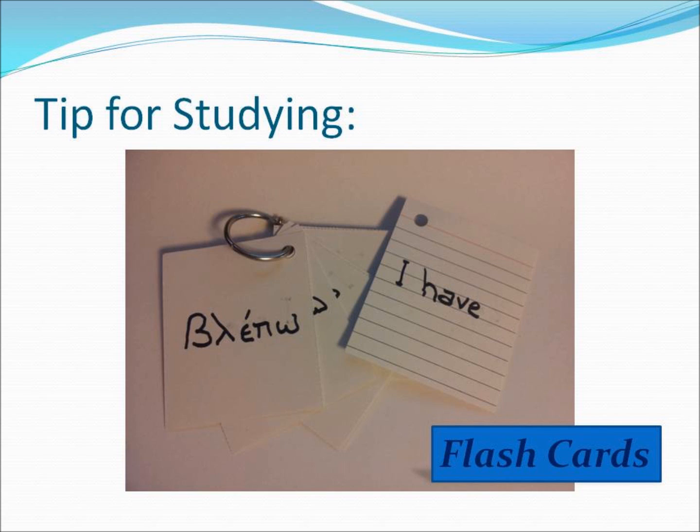Then, stack them all together, keeping them clipped on the ring. This list should be small enough to keep tucked in your pocket. When you do find yourself with 3 to 5 minutes of free time, pull out your flashcards and go over your list. Within a day or two, the entire list should be memorized. Now, let's move on to our vocabulary words.